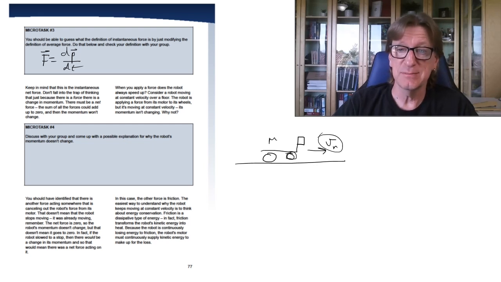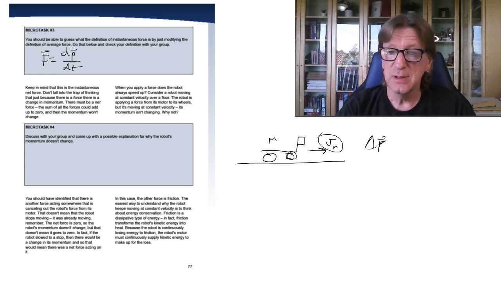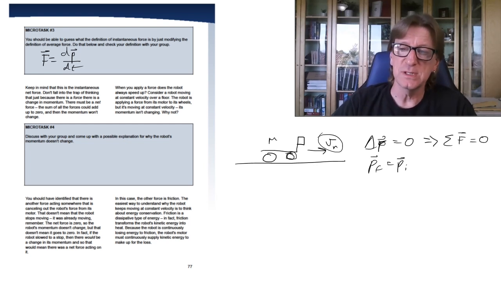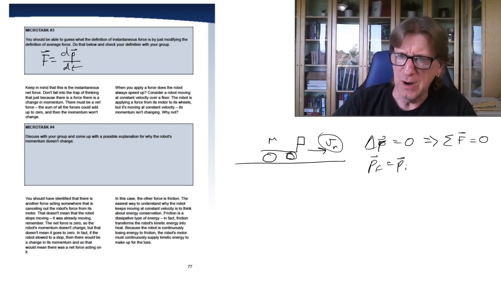You got some ideas? Well, obviously, if my change in momentum is 0, that means that pf is equal to pi. If that's 0, then I must have no net force. So the sum of my forces must equal 0, because if I had a momentum change, then I must have a net force. Well, we know we have a force, that's the motors.